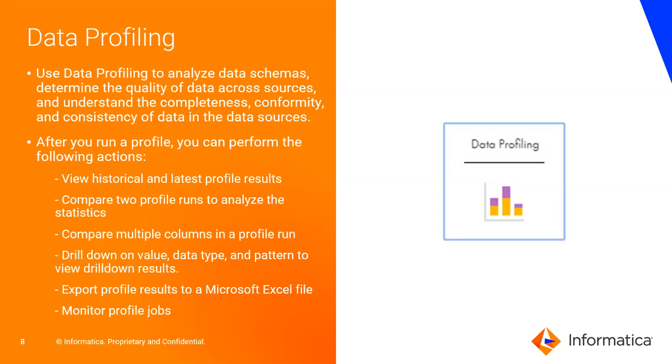Let's say you have column A and column B in a profile, and you want to compare the metrics of both of them, which column contains more null data and which column contains distinct data. So you could compare multiple profile columns also as part of the profiler.